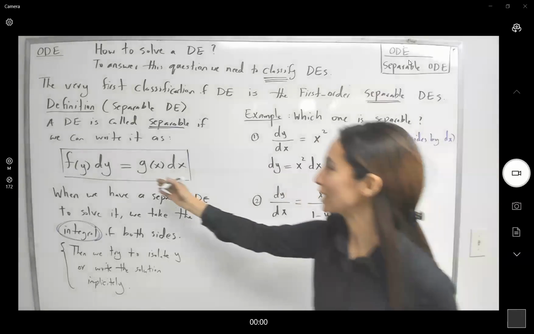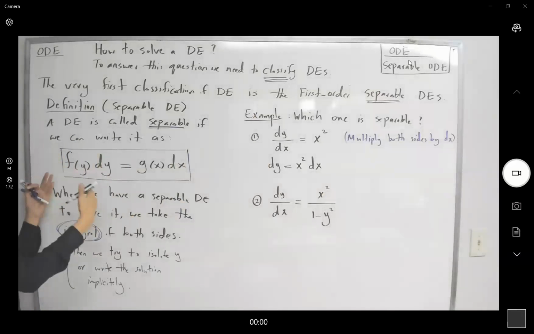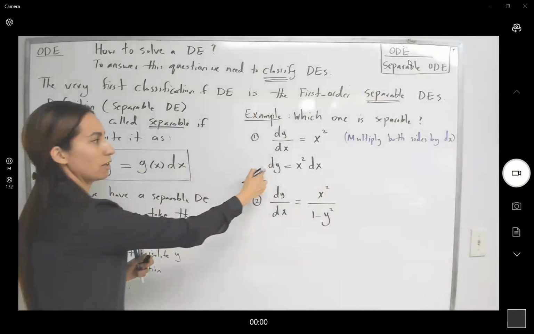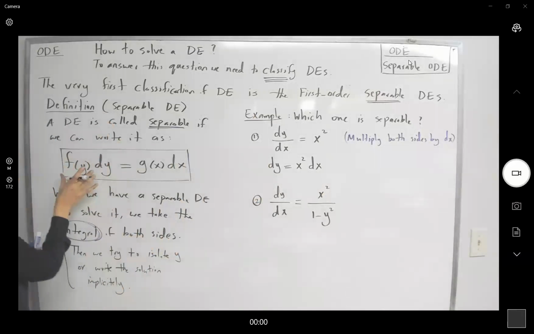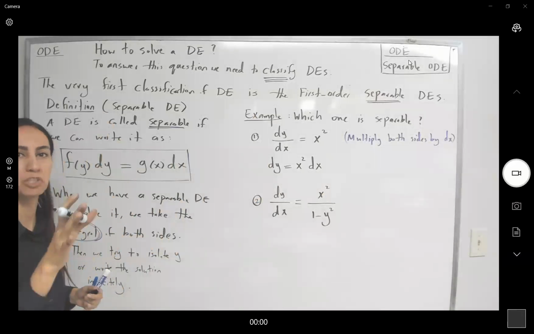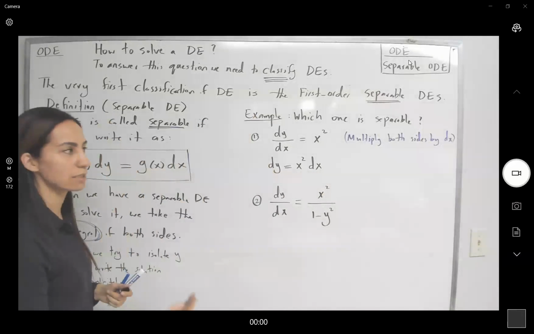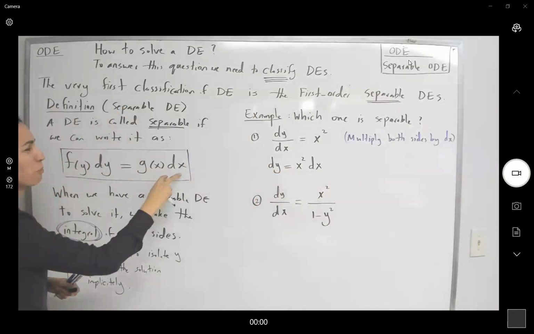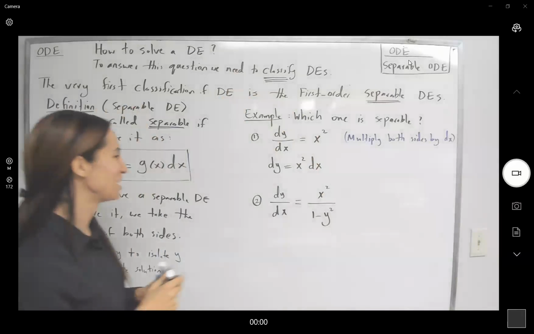Well, now take a look at the definition. It says y's and all terms in terms of y's are on the left. I have dy on the left. I don't have any other y's. It means that, hey, f of y was just 1, which is not important. On the right-hand side, I need to see a function in x. Hey, I have x squared multiplied by dx, which is just right here. Very well.